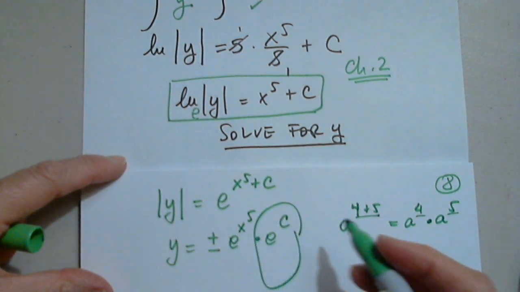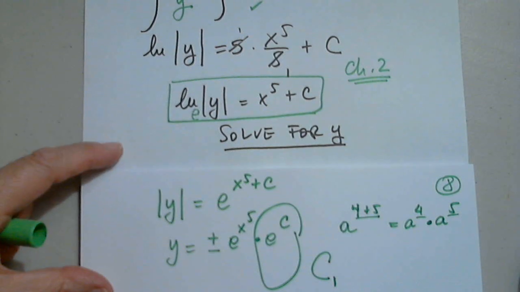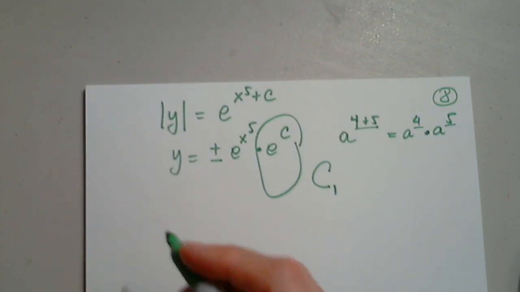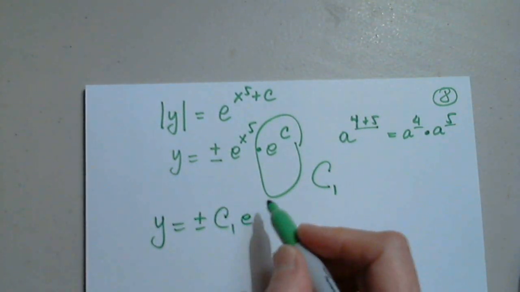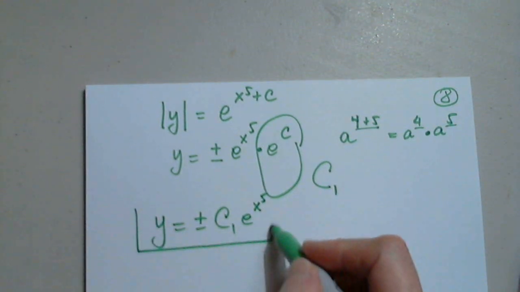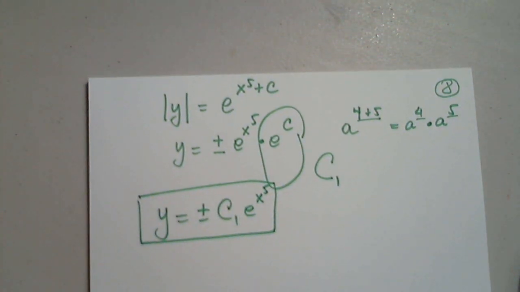We're going to replace this by another c. Let's call it C1 so there's no confusion. And this is the solution, and we just solved our first differential equation. This is it.